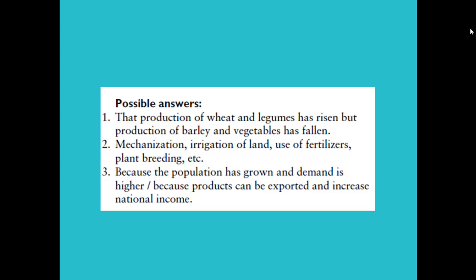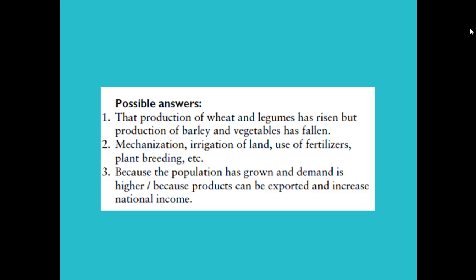Number 3. Why is increased production so important? It's so important because the population has grown and demand is higher, and because products can be exported, and eventually they increase the national income.